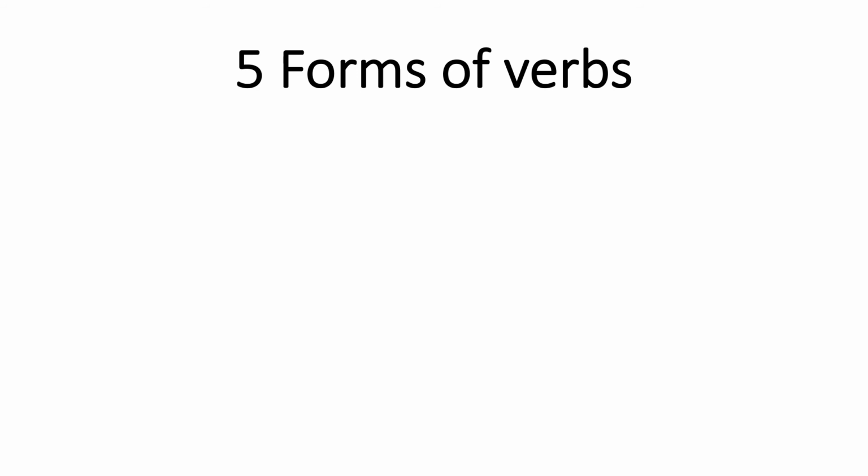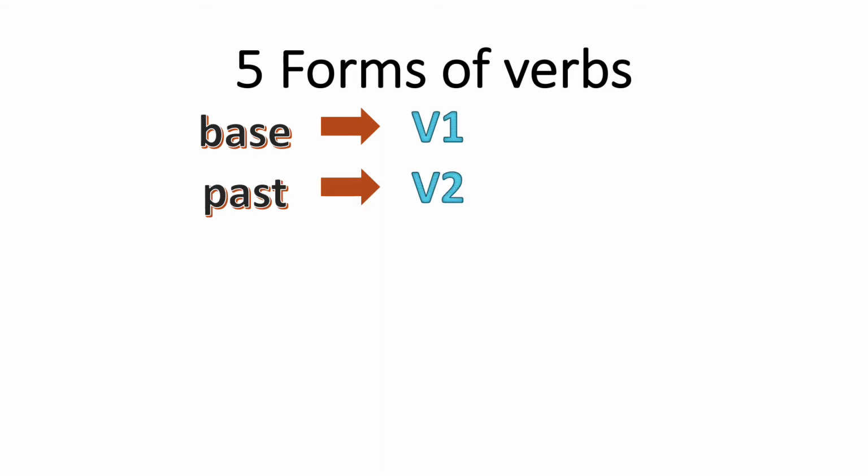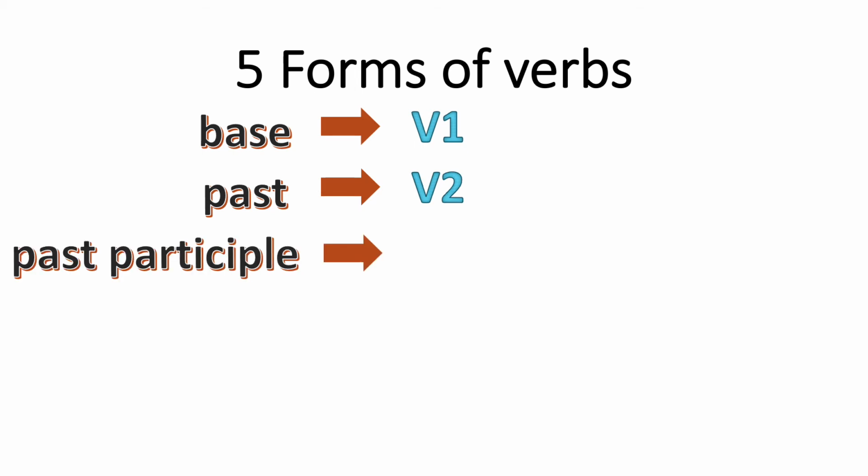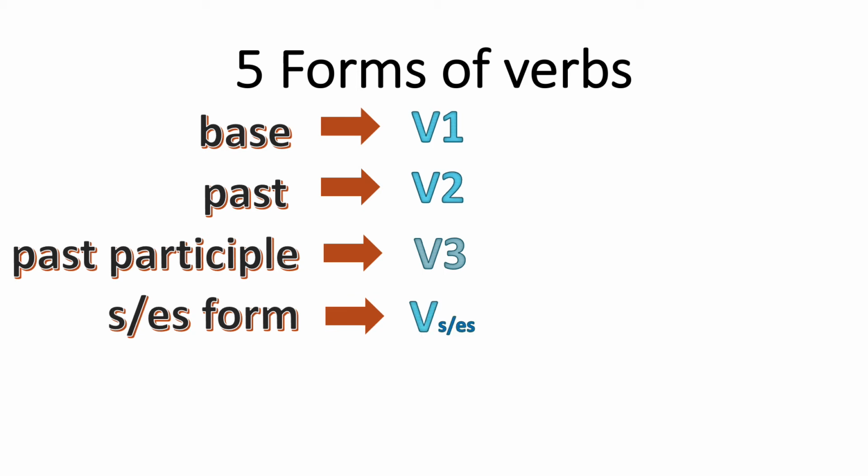A verb can take 5 forms. It can take the base form, which we label as V1, the past form, which we label as V2, the past participle form, which we label as V3. It can also take the SES form, which we label as VSES, and last but not least, the ING form, which we label as VING.